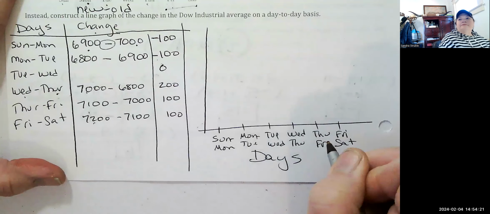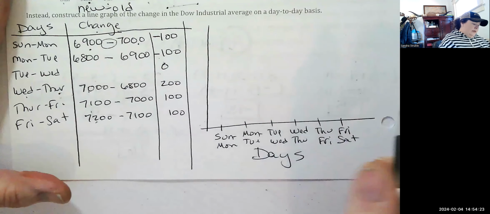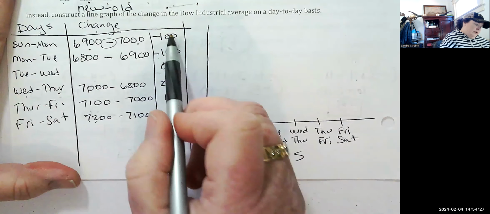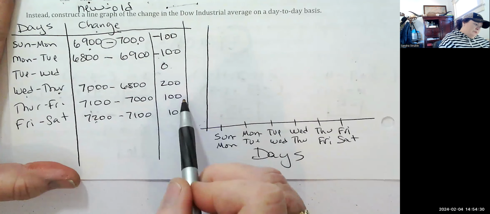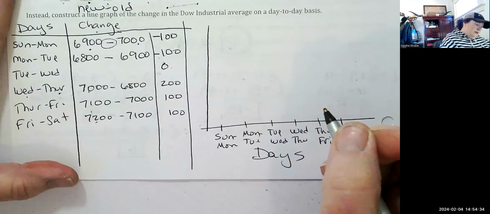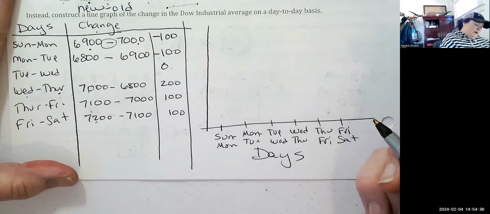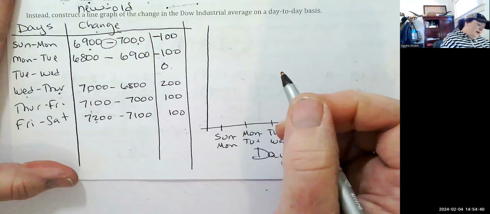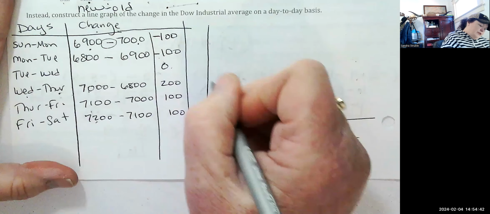All right. Okay, and then I need some changing. I've got negative 100s, zeros, and then I go up to 200. So I need to represent at least in hundreds, but I can break it down even further if I wanted to. I could do like 50s or something like that. No, I don't need to though. There's no reason for that.